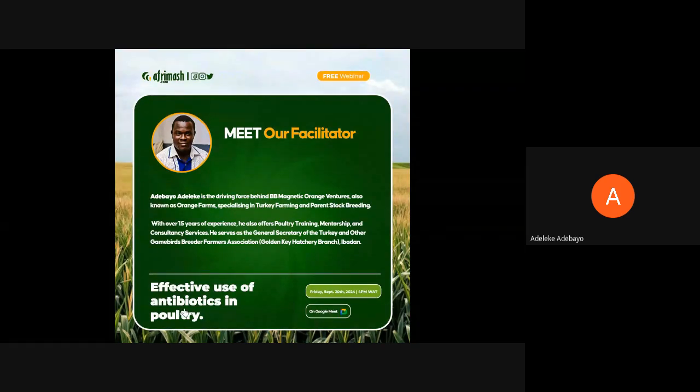Okay. Alternative methods. Well, let me just briefly break them down. Alternative methods, the known ones, could be organic. Maybe you use natural herbs and all that. That's an alternative method. And there's what we call the use of probiotics.